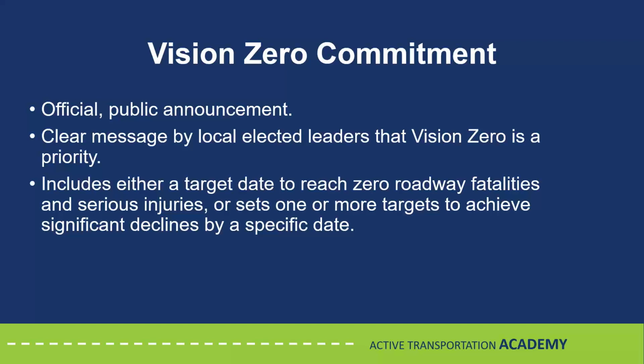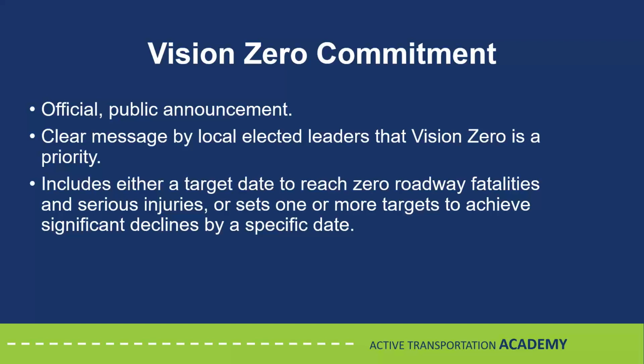It could be done in a state of the city address, but some sort of public announcement that includes a commitment to zero traffic fatalities and serious injuries and a specific date that the city is reaching to reach that goal by. This includes people walking, biking, using transit, riding scooters, driving.